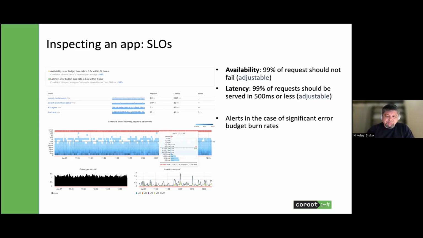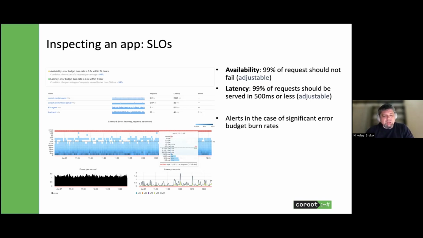The first one, the most important one, is SLO, service level objectives. Out of the box, Coroot has some predefined thresholds. We expect, for example, that each service should serve 99% of requests without errors and 99% of requests faster than 500 milliseconds. And if something goes wrong, Coroot can identify it.